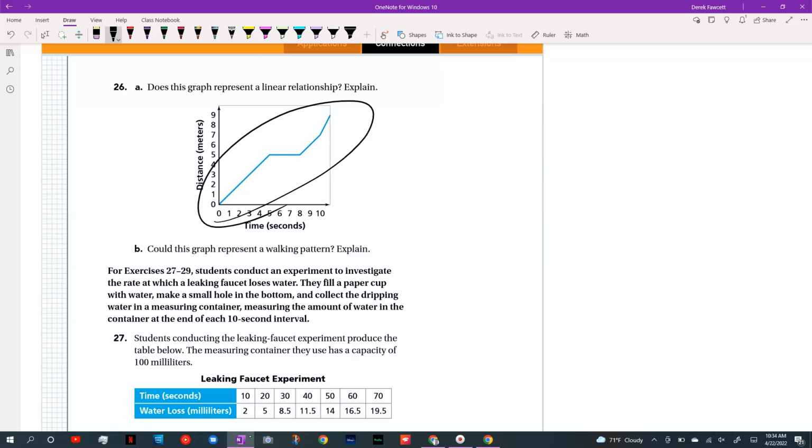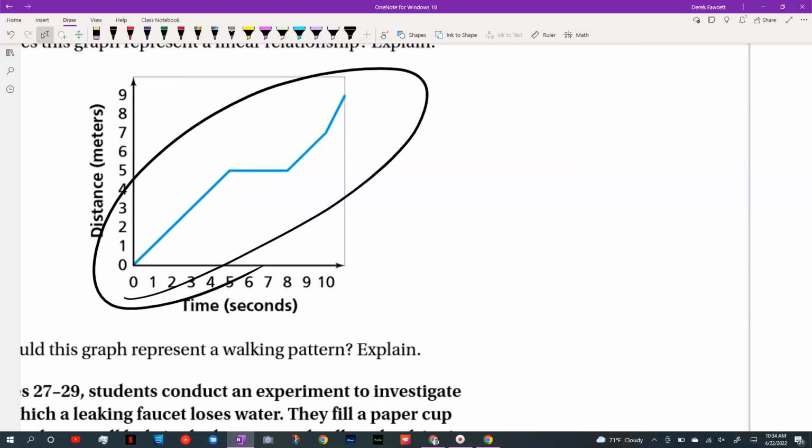And on B, could the graph represent a walking pattern? Yeah, it could. Like in this case, they're walking about one meter per second, because after 2 seconds, they're at 2 meters, 3 meters, 4 meters, and then at 5 seconds, what happens? They stop. Because time continues, but they're still at 5 meters.